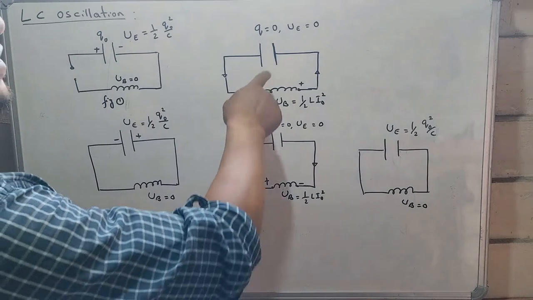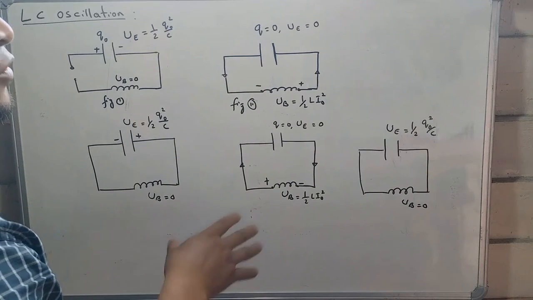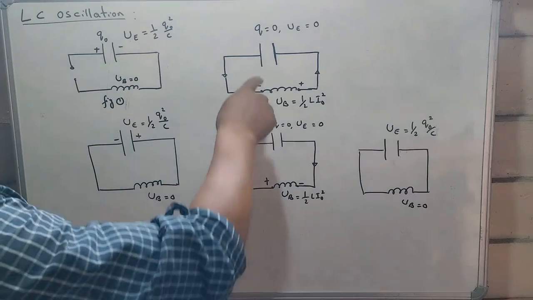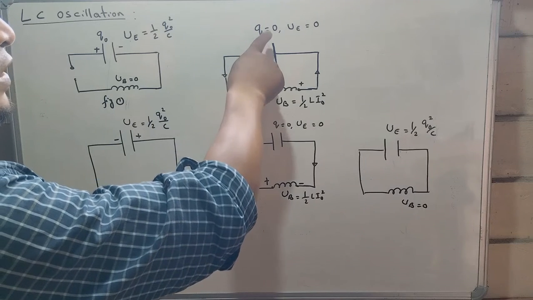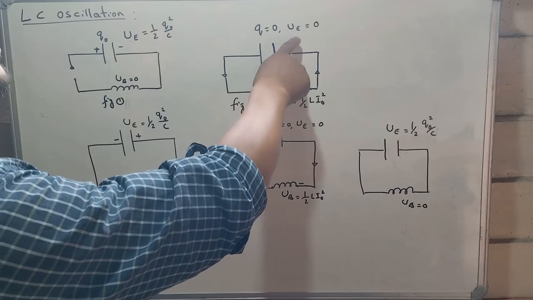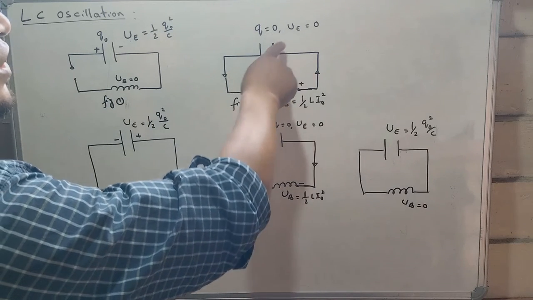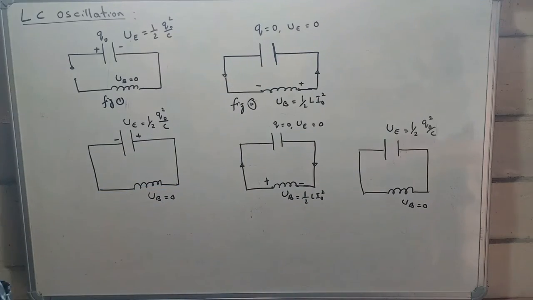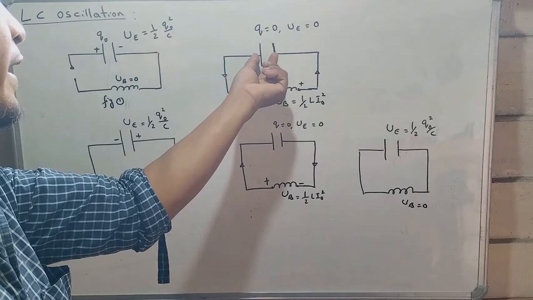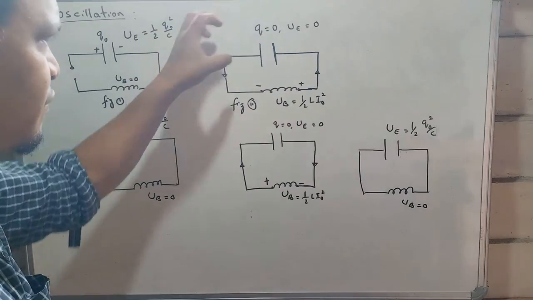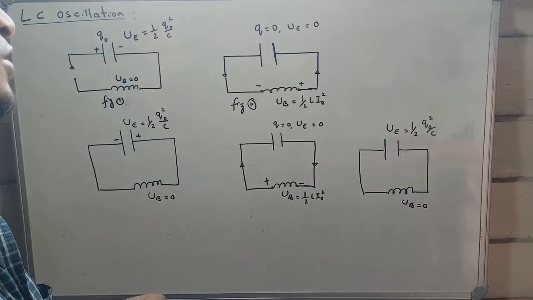And when the capacitor is completely discharged, the charge at that time will be zero, and because of zero charge in the capacitor, the electrical energy in the capacitor will be equal to zero. But this energy is fully transferred to the inductor.